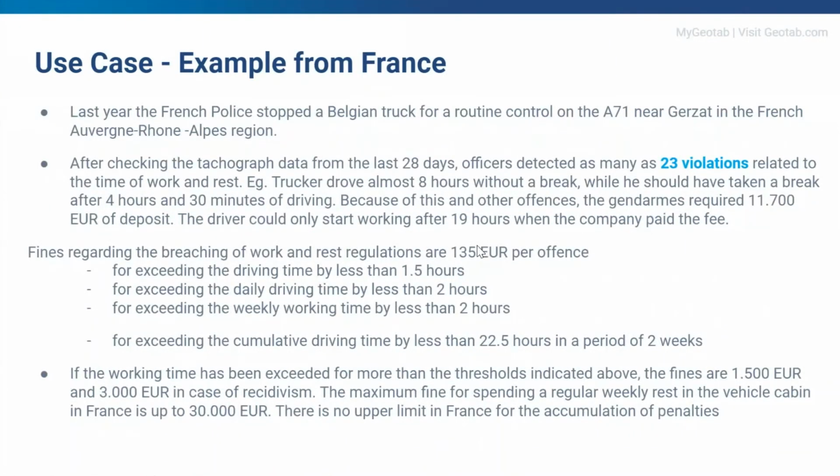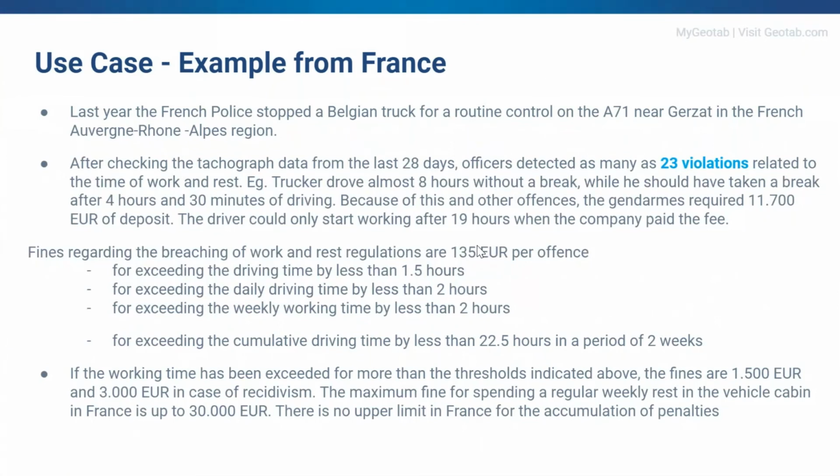So here's just a use case from France, just to give you an example of how serious it can be, and what could be the outcome if the tachograph's not respected. So the police stopped the truck again, and after checking the tachograph from the last 28 days, they found that there were 23 violations, almost 8 hours without a break, and he should have taken a break after about 4 hours and 30 minutes of driving.